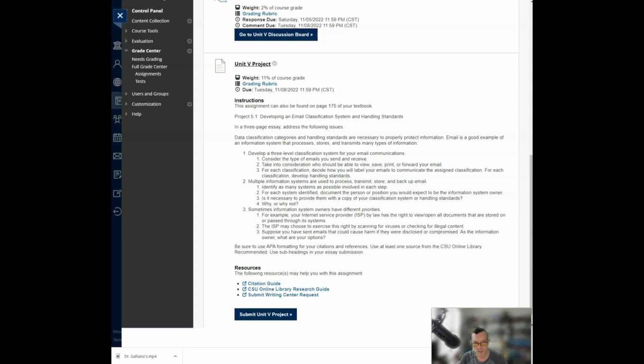And number 3, discuss the various information system owners involved and how they might have competing priorities. So you're going to say, in this essay, I'm going to cover a 3-level classification system for email comms. I'll talk about the multiple information systems involved in processing email, and then I'll close out the essay by discussing the competing priorities among different information owners.